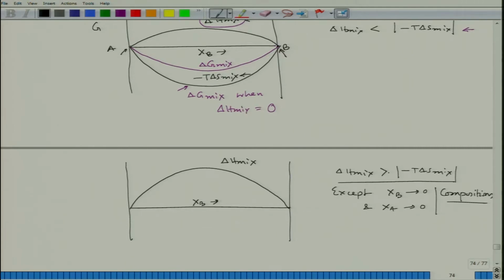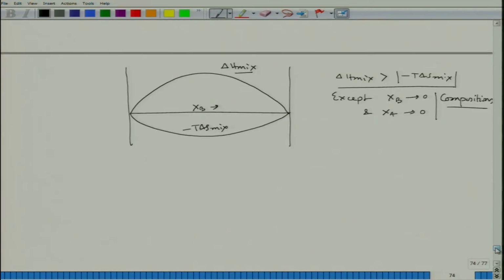this condition is valid. So, if I try to see the −TΔS plot, from this picture it is seemingly observed that ΔH mix is all the time greater than the mod of the −TΔS mix value at all concentrations, x_B equal to 0 to x_B equal to 100, but the situation is not like that.